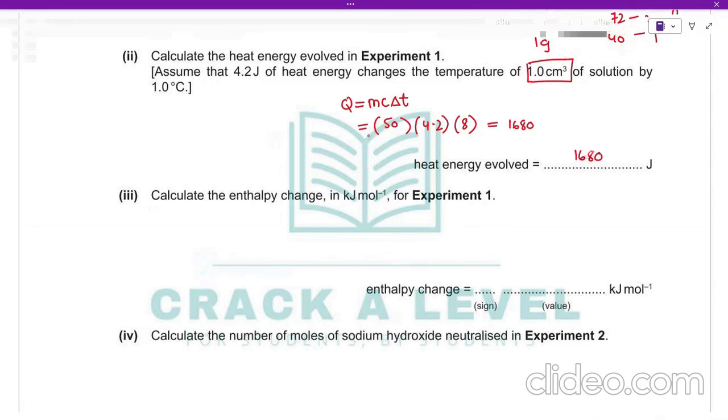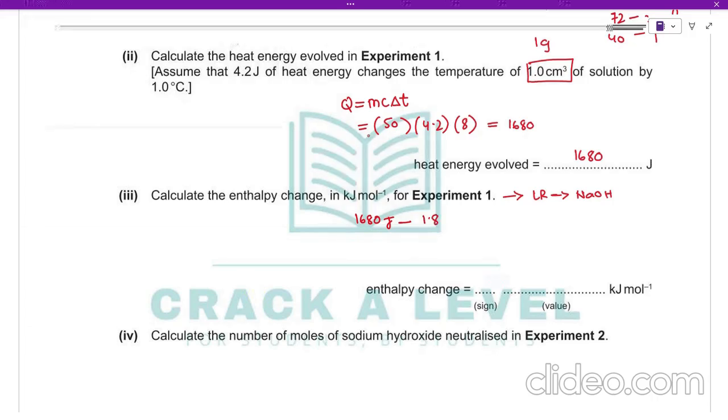Calculate the enthalpy change in kJ per mole for experiment 1. Now in this part we always use the moles of the limiting reactant, which was NaOH. So 1680 joule of energy was released because of 1.8 mole of NaOH.